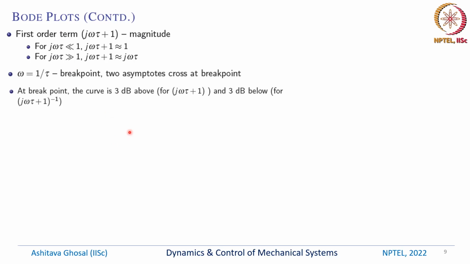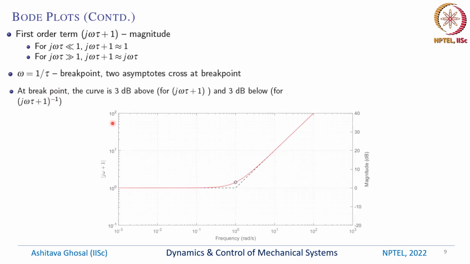At the breakpoint, the curve is a little bit higher or lower, and we can compute this accurately. It is 3 dB above if j omega tau plus 1 is in the numerator, and 3 dB below if this first order term is in the denominator. This is how the magnitude looks.